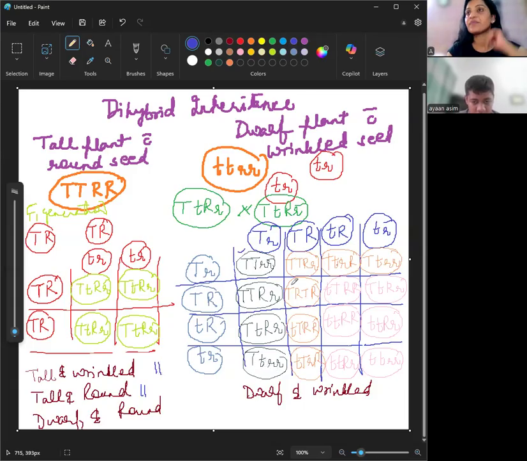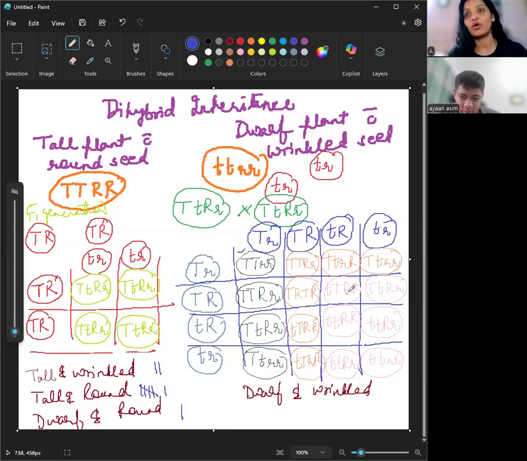The next comes tall and round. Next again tall and round, tall and round, tall and round. Next comes dwarf and round.